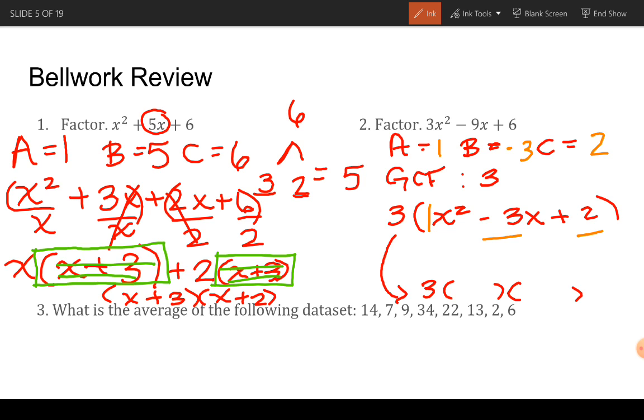Two numbers that multiply to A times C, which is 2, and add to B, which is -3. So those numbers would be -1 and -2. -1 times -2 is +2, and -1 plus -2 is -3. So we can substitute -1x and -2x in for our middle term, -3x.